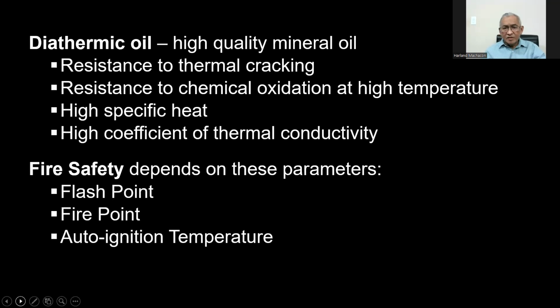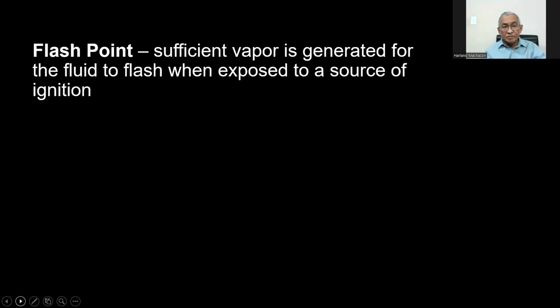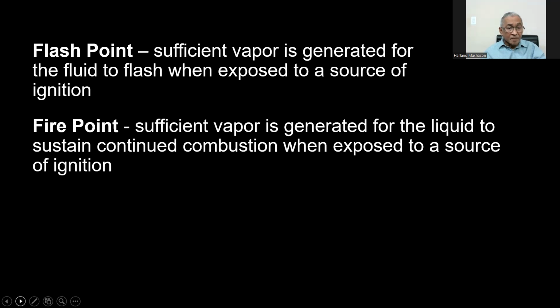Fire safety, when using heat transfer fluid systems, depends on three parameters. You have flash point, fire point, and auto-ignition temperature. Flash point is when sufficient vapor is generated so that the fluid will flash when exposed to a source of ignition.